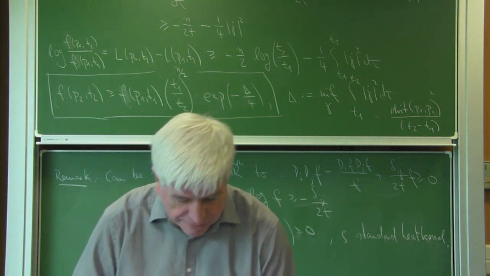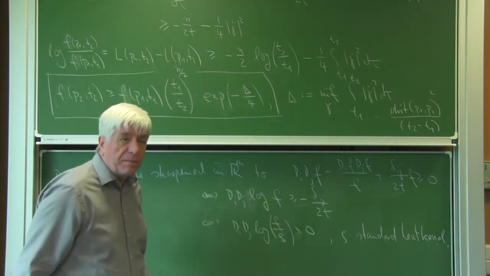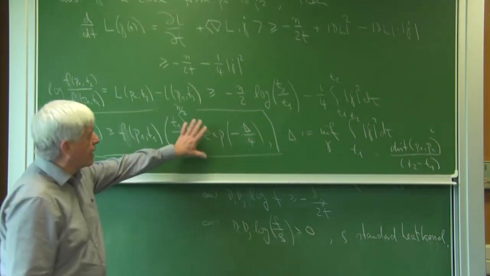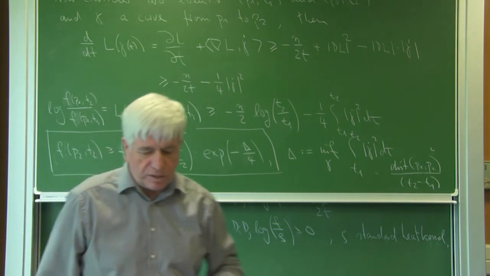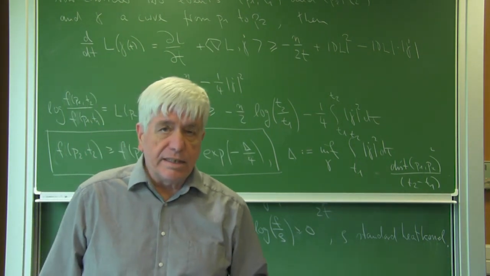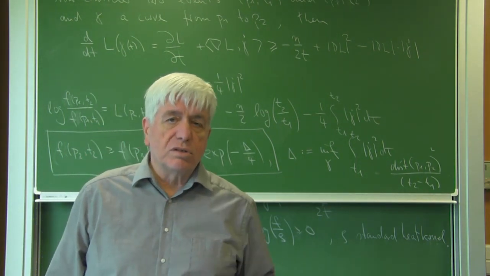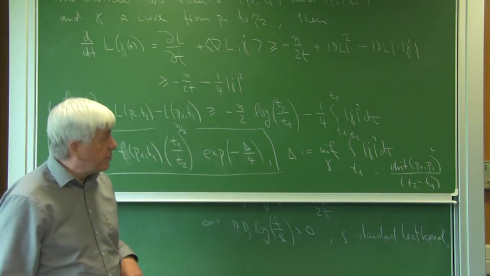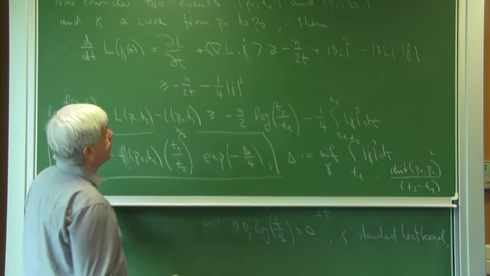Okay. Now, the point is that miraculously, almost exactly the same Harnack inequality that we have shown here for the linear heat equation also holds for the scalar curvature in two-dimensional Ricci flow.